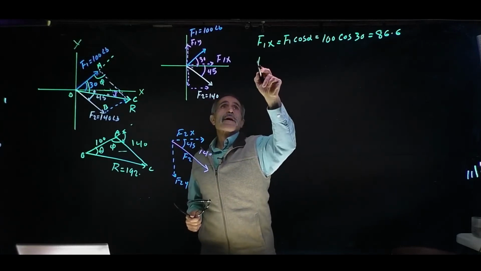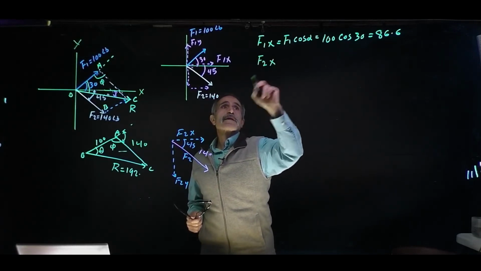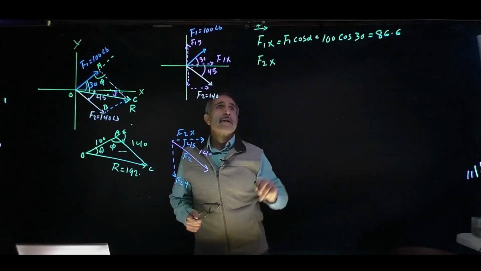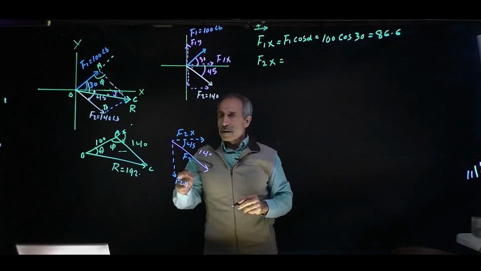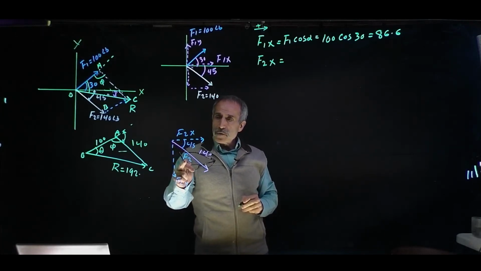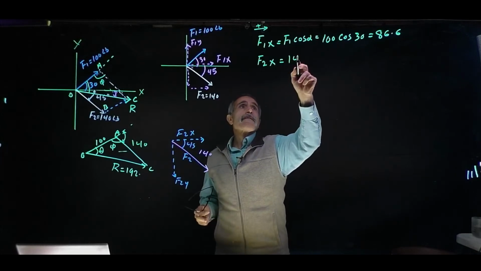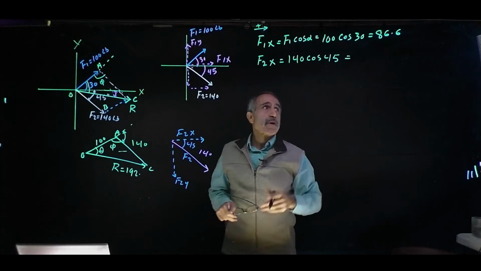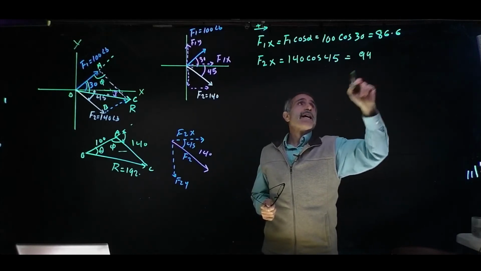Now I'm going to do F2, the x component of this one. F2x, and we're going to say this way is positive for x, is equal to a component of this, which is F2, 140, times cosine 45, and that comes out to 99.